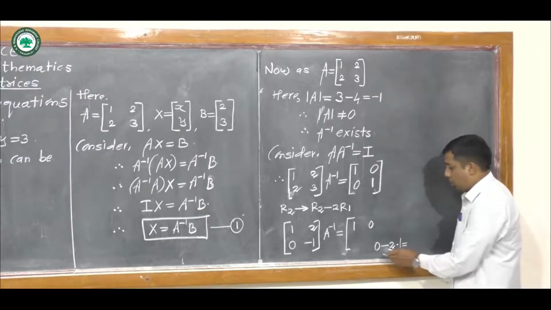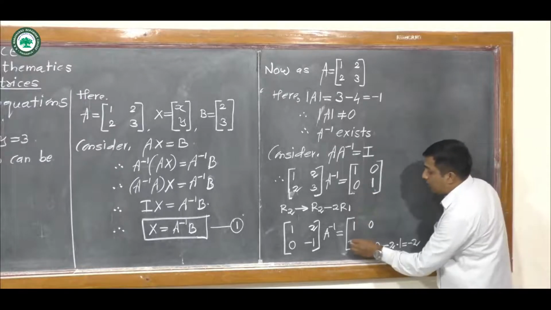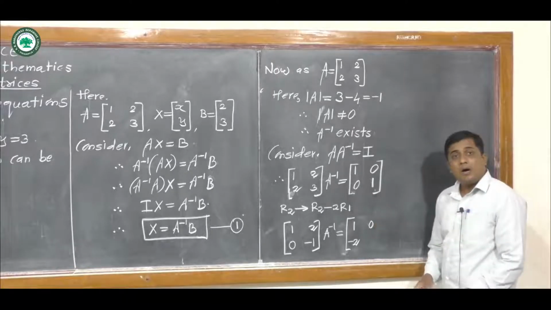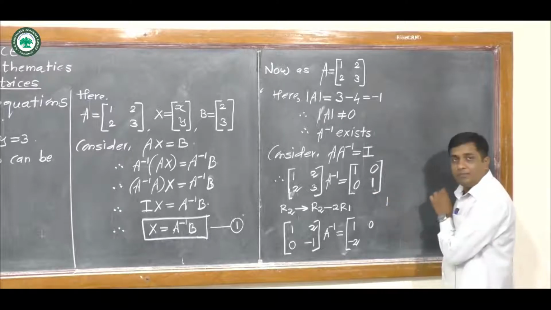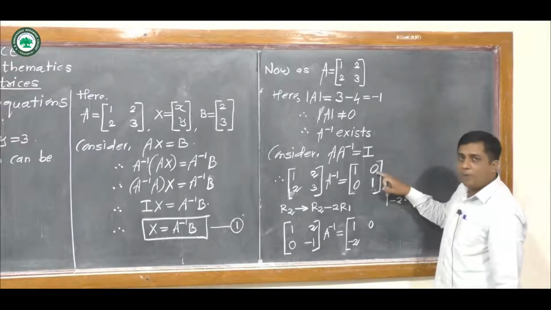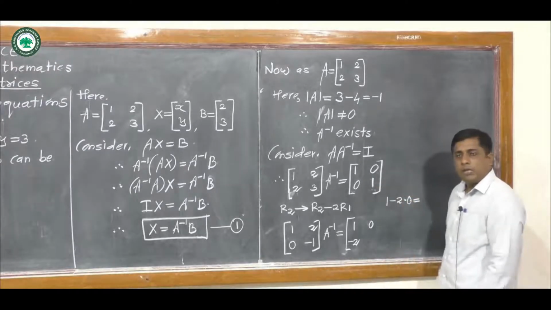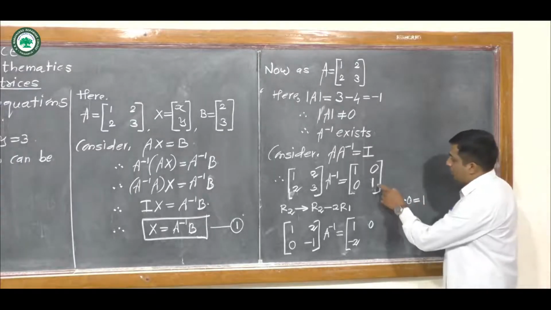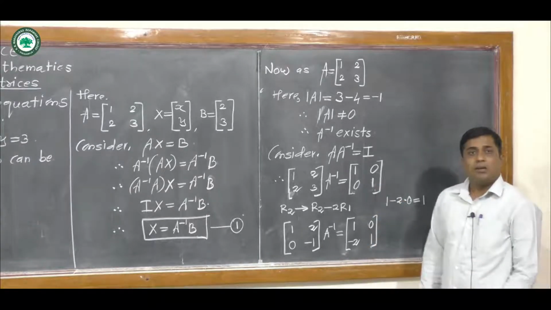So 0 minus 2 is minus 2, so in the position of 0 we get minus 2. Next, for the second position, second element from the second row is 1, then with minus sign 2 into second element from row first is 0. Here 1 minus 0 is 1, so in the position of 1 we get 1.